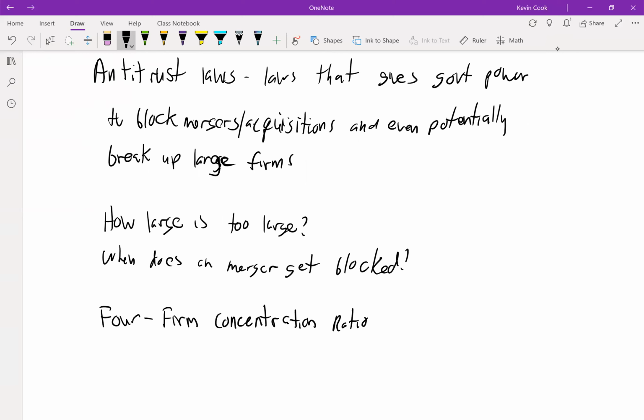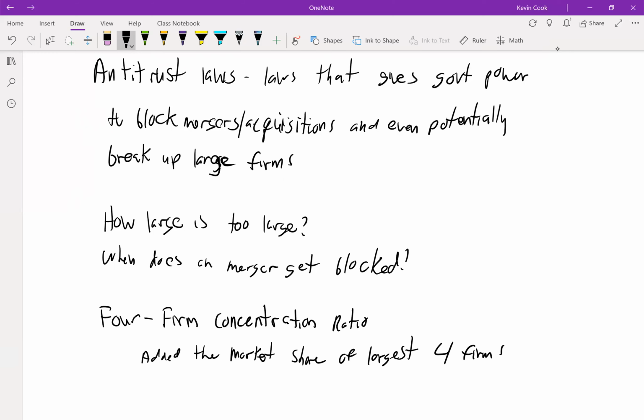And basically what this did is we added the market share of the largest four firms.